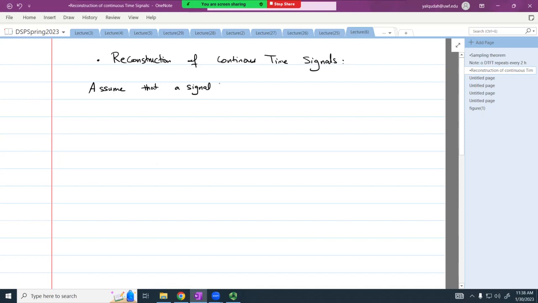Assume that a signal has been sampled at sampling frequency omega s greater than twice omega max.